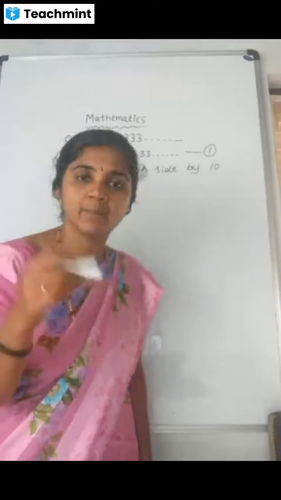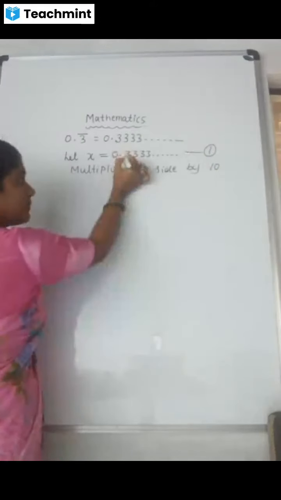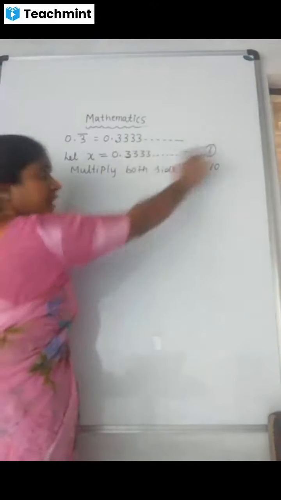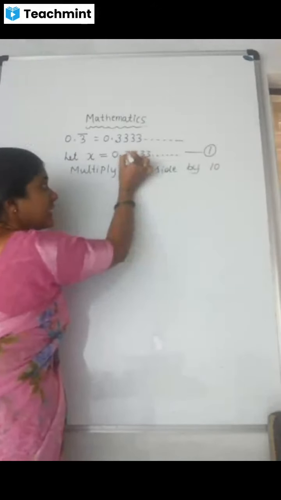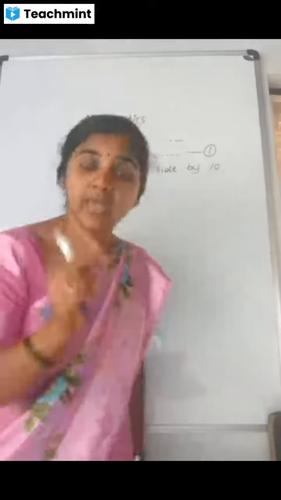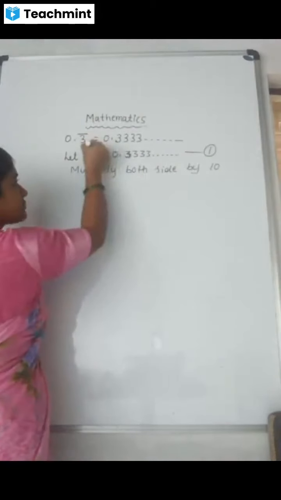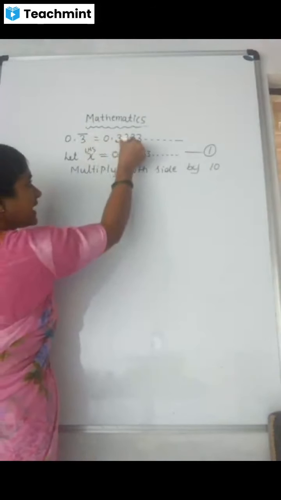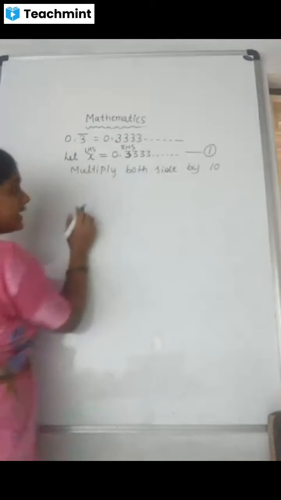You can observe infinite numbers, but only 3 is repeating. In the sense, only one number is repeating there. That's why we have to multiply both sides by 10. This is the LHS part and this one is the RHS part.